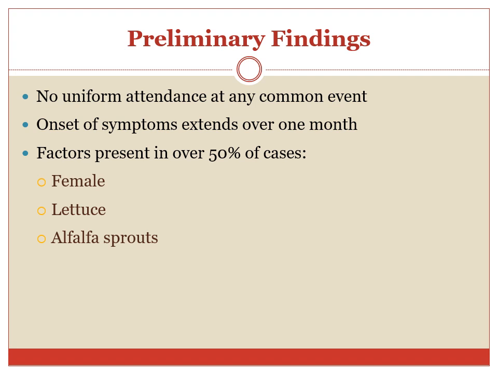More than 50% of cases were female, and more than 50% had consumed lettuce and alfalfa sprouts. So now you start narrowing down your risk factors and the possible origin of the epidemic.